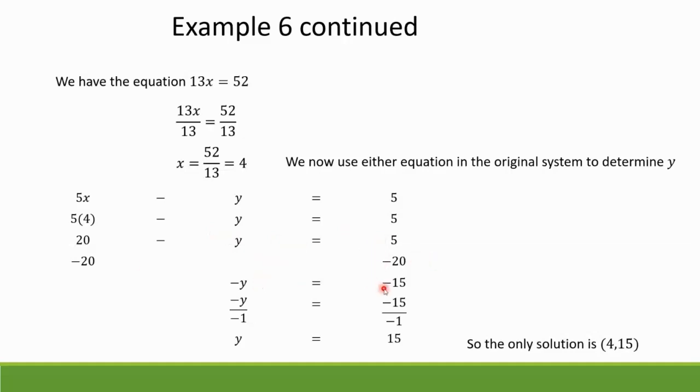Negative y becomes negative 15. And then of course you want y, not negative y. So we divide both sides by negative 1. We get y equals 15. So what we then have is 4, 15 as our only solution. Are there any questions on this?